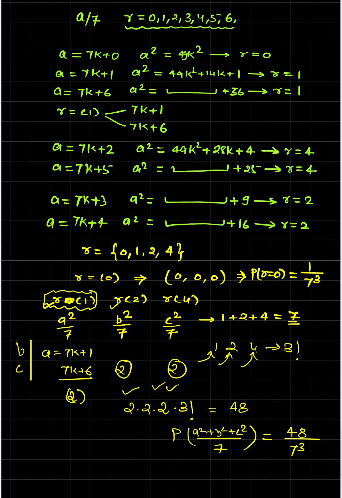Now next, the possible remainders are 0, 1, 2, 4. So either we get remainder 0 directly, or when we add 1 plus 2 plus 4 we are again getting 7. So again this is divisible by 7.